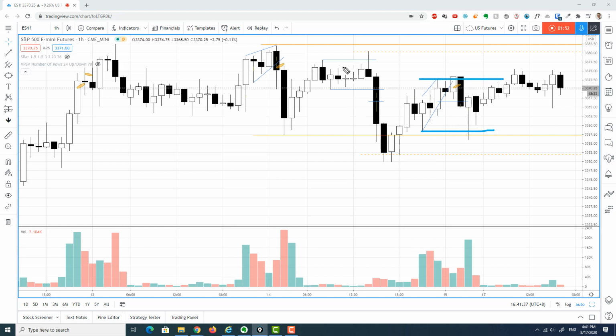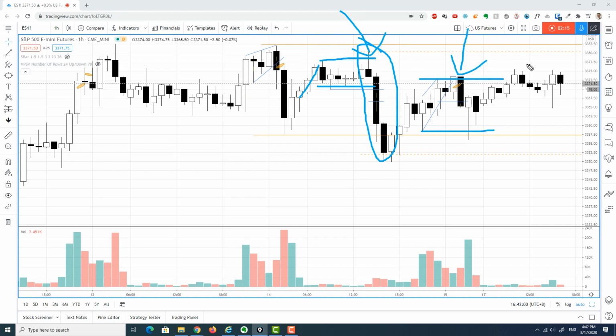But prior to that, we have seen a slight markup, followed by a consolidation and a relatively sharp sell-off during the European London session. So definitely there were potential trades in the London session and also one trade in the US session.